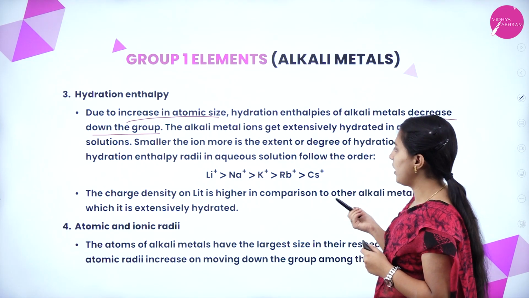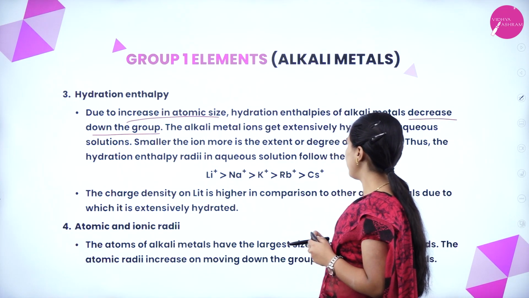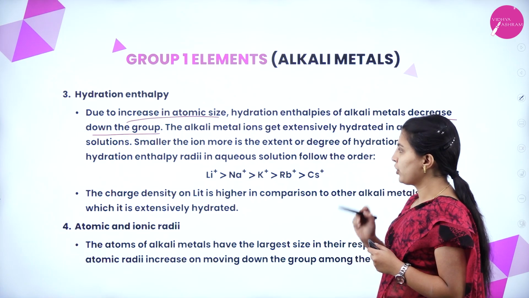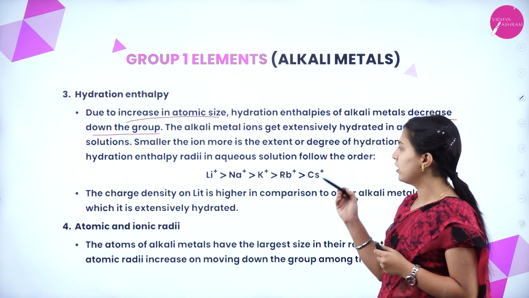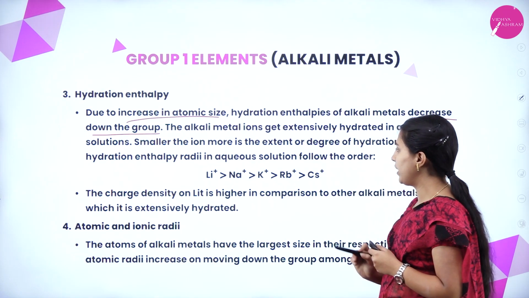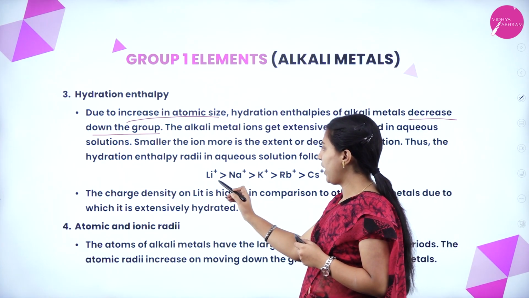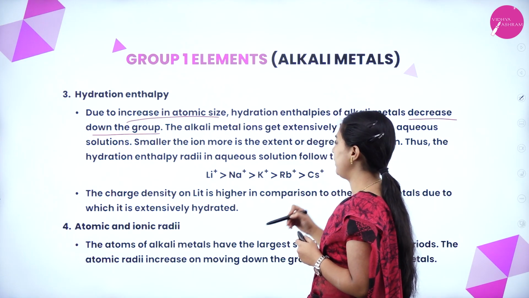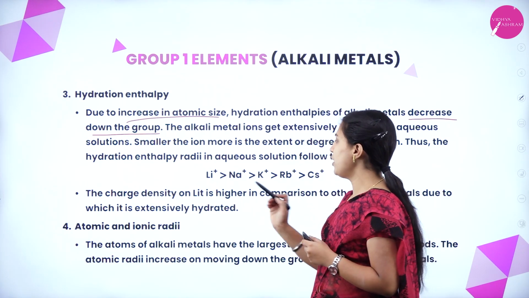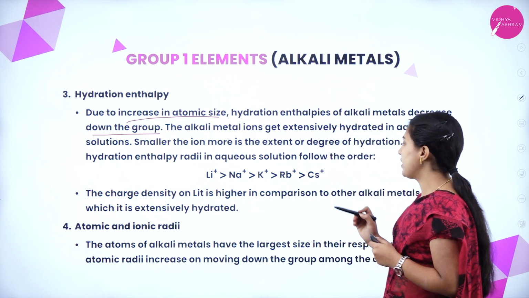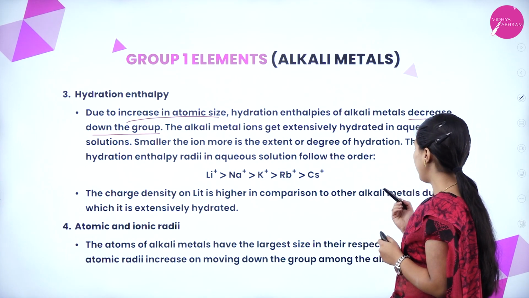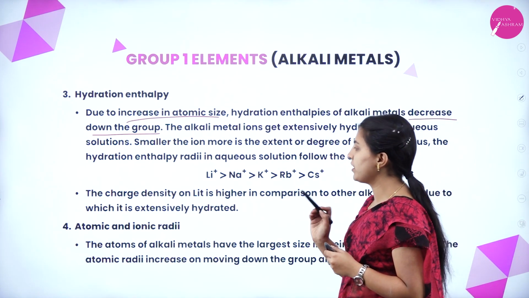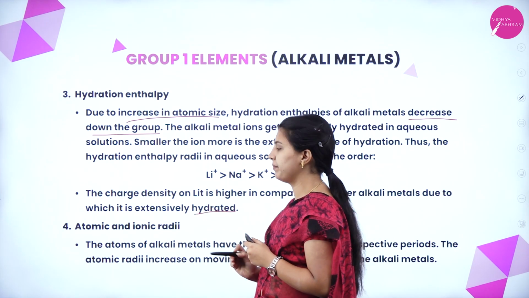That's why lithium has more hydrating power than sodium, than potassium, than rubidium, than cesium. The charge density on lithium is higher in comparison to other alkali metals, due to which it is extensively hydrated.